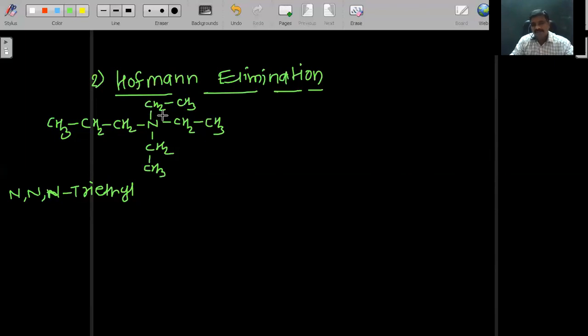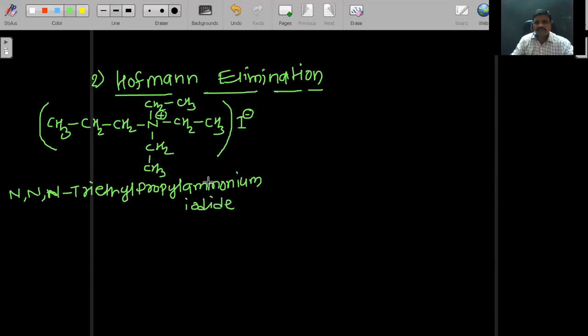But this nitrogen carries a positive charge, and outside the bracket I minus is placed. So this is converted into propyl ammonium, and the name is propyl ammonium iodide, where I minus means iodide.